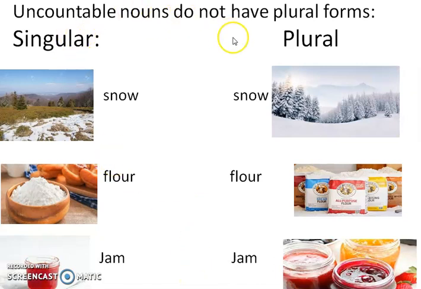Uncountable nouns do not have plural forms. As you see here, we are going to double check the singular form of a word and the plural form of a word. So, as you see here, there is not a lot of snow. The word is snow in the singular case. In the plural case, we have here a bunch of snow, and still the word is snow.